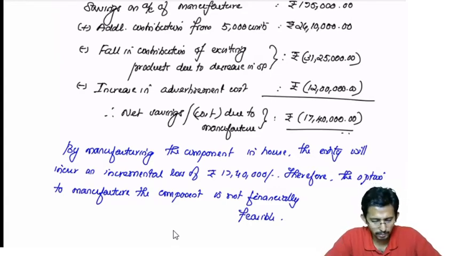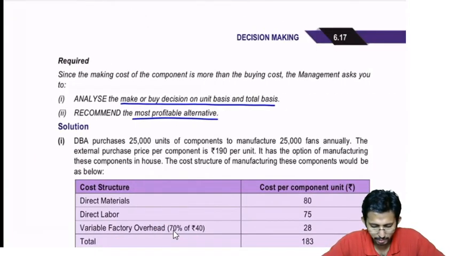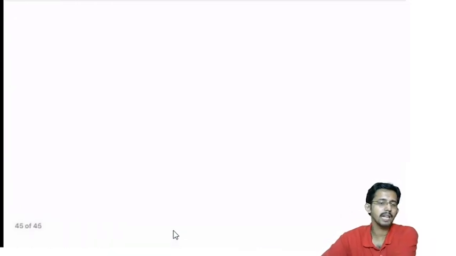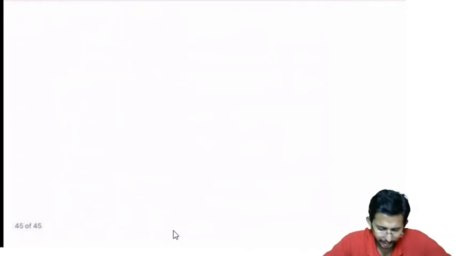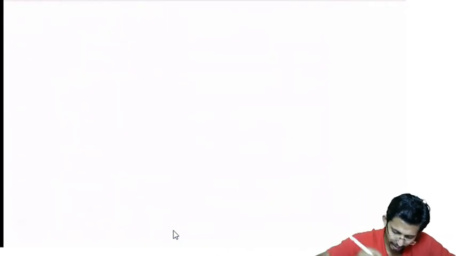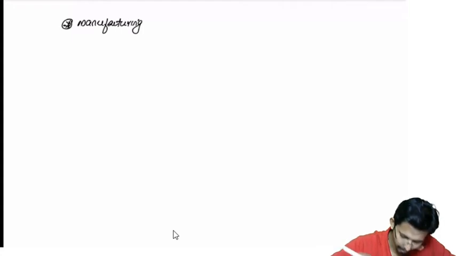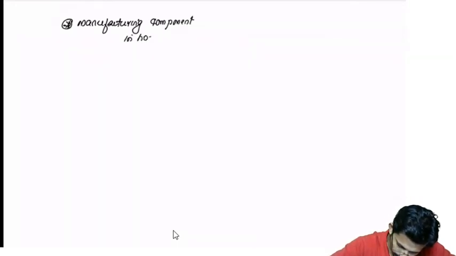Now, is it over with this? Now, what is the question? The question, they say that recommend the most profitable alternative. Okay, so on this most profitable alternative, from financial perspective, it is better to outsource, but you will have to analyze it further. If you see what is happening here, there are two things happening. One is manufacturing component in-house.